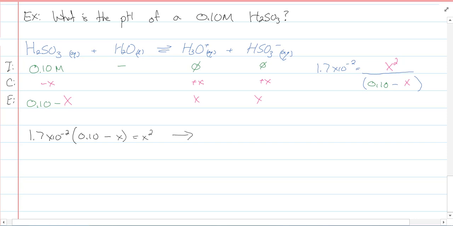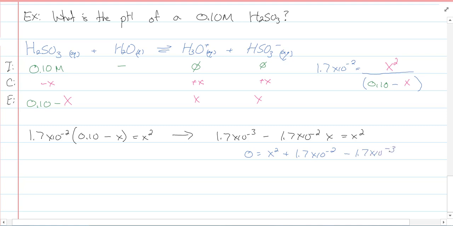Moving to the right. Distribute. I get 1.7 times 10 to the minus third minus 1.7 times 10 to the negative 2 x equals x squared. Rearrange. 0 equals x squared plus 1.7 times 10 to the minus 2 x minus 1.7 times 10 to the negative third.